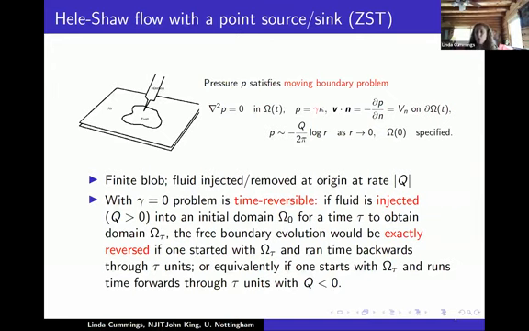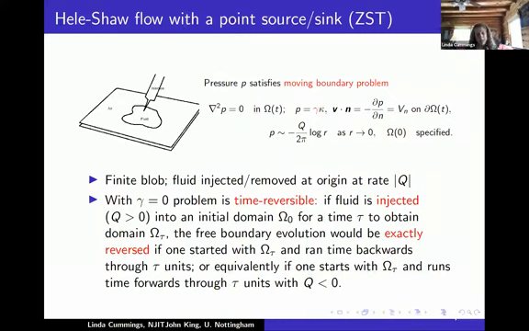But equivalently, if you start with a domain omega tau and run time forwards through tau units with the parameter Q less than 0, so that's the case of a sink at the origin, you're again going to obtain the fluid domain omega 0.